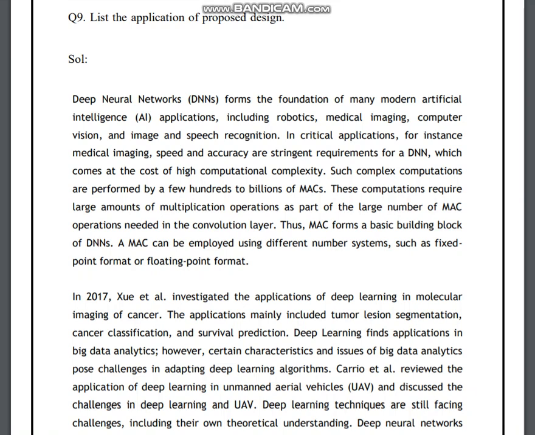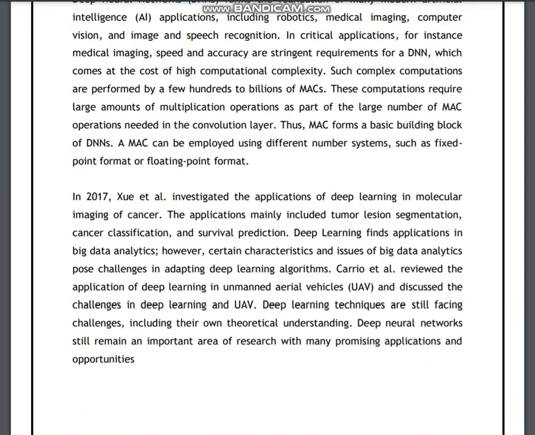So, taking all this into consideration, this might be a good future design and will be helpful in various sectors in our industry.